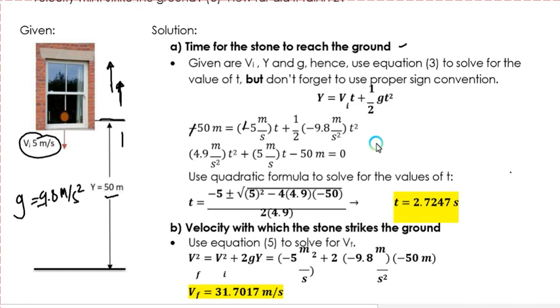If we calculate, this will be equal to 4.9 meters per second squared, plus 5 meters per second times t, minus 50 meters. So we have 4.9 t squared plus 5t minus 50.